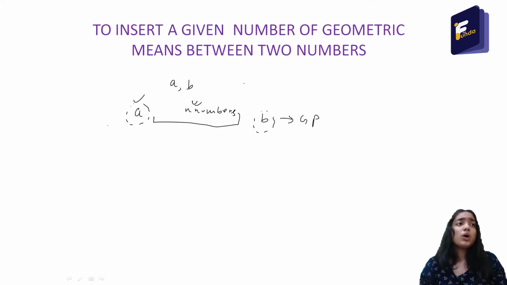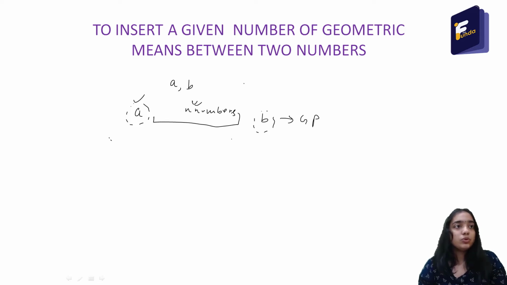So what is the total number of terms in that GP? In the middle there are n numbers, the first number is A, the last number is B, so the total number of terms is n plus 1 plus 1, that is n plus 2.